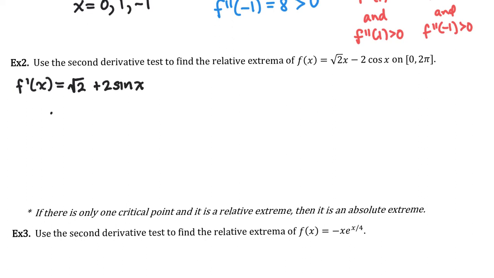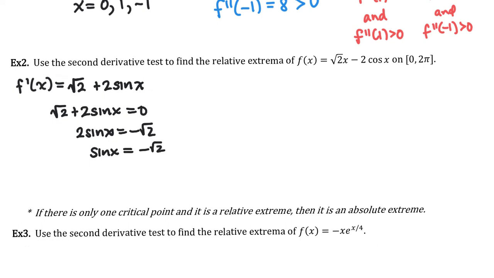Okay, let's see when this is equal to 0. So I want to find the x values when sine of x is equal to -√2/2. I am limited to the closed interval 0 to 2 pi.